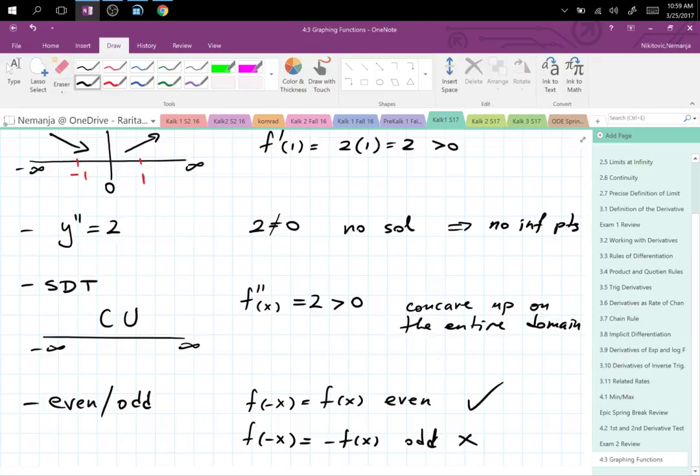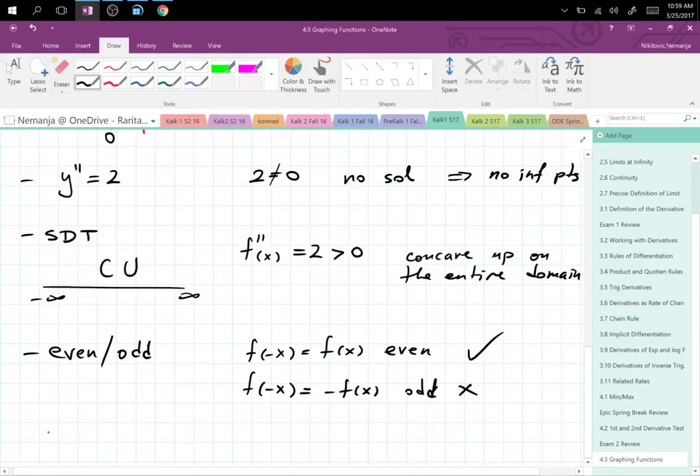And then if you are getting really stuck, some parts are a little bit tricky, or you don't have enough information, you can compute additional points by simply plugging in random values.